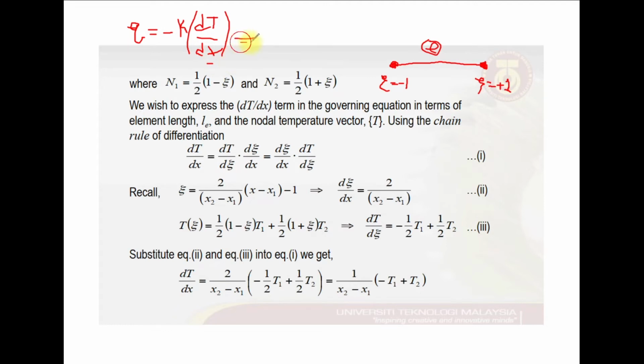Then it is very convenient to convert it into the natural coordinate system by first converting the term dT over dx using the chain rule. So dT over dx can also be expressed as dz over dx multiplied by dT over dz using the chain rule of differentiation.